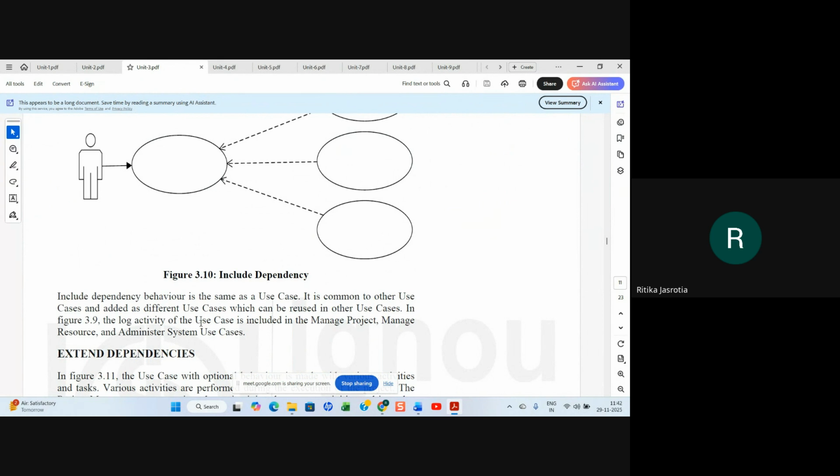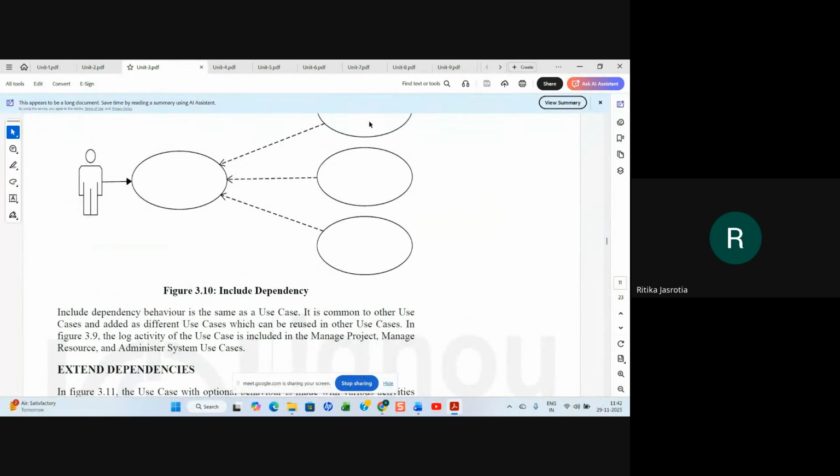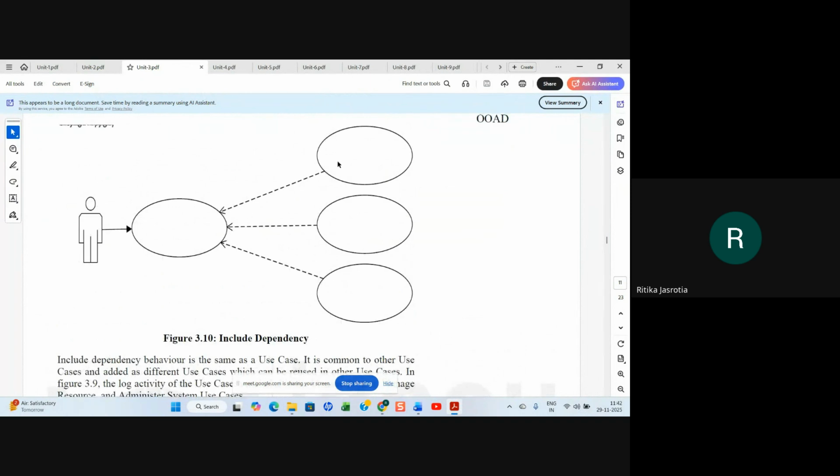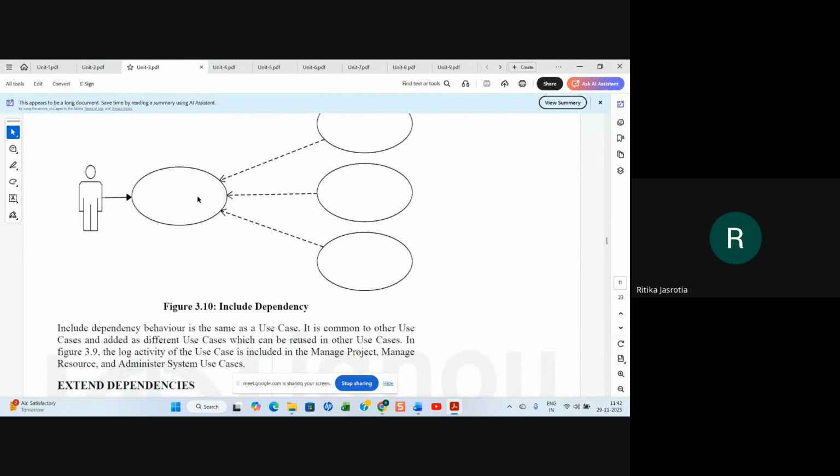The log activity use case is included in the manage project, manage resource, and administer system use cases. So the administer system use case is there, and it is included in the administer system.